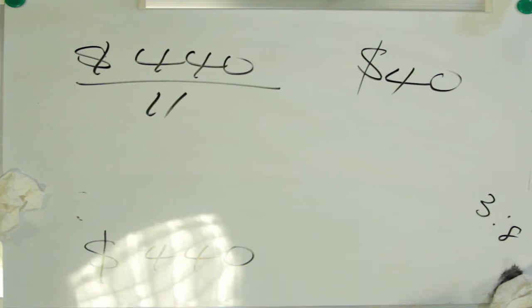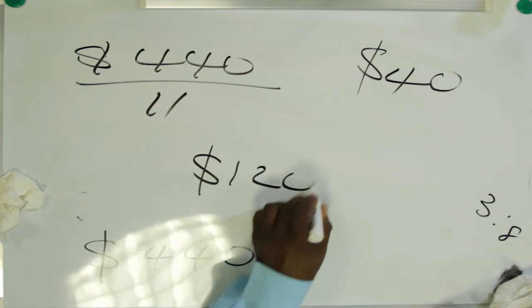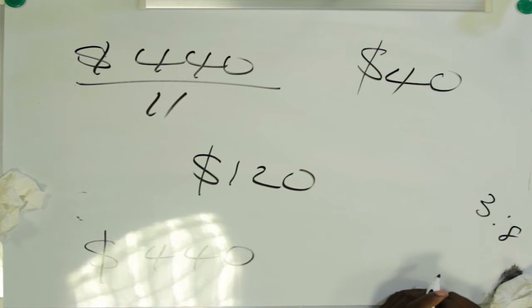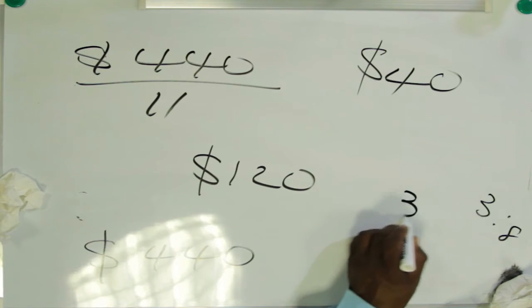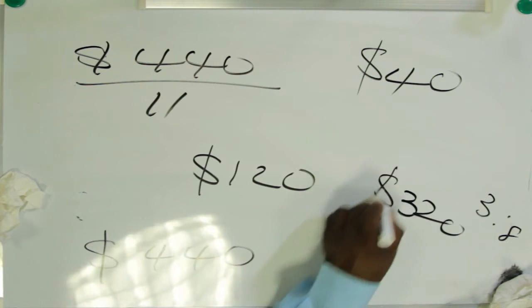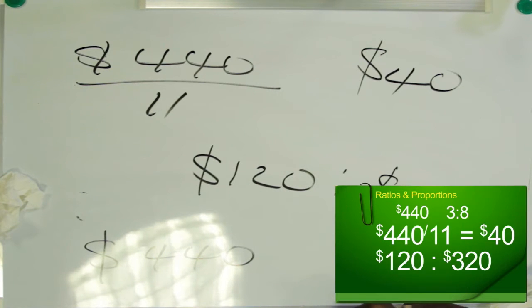You have 3 times 40 is 120. And 8 times 40 is 320. So the shares are $120 and $320.